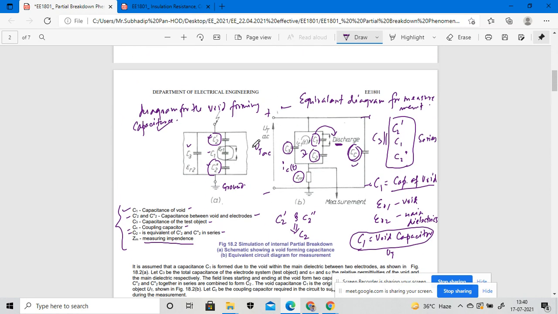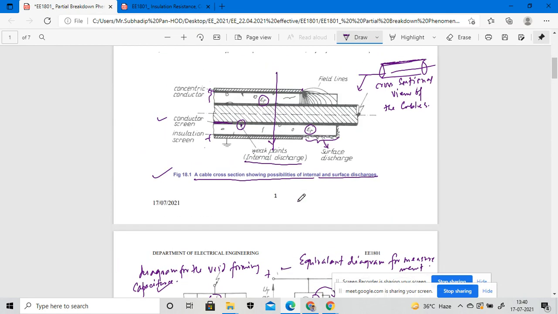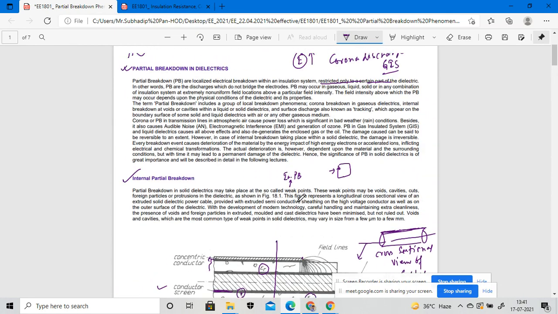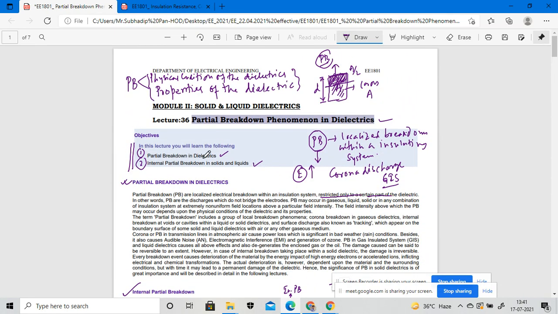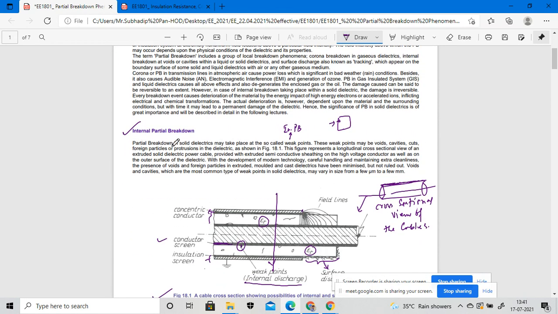So up to this, is there any question? Today we will discuss some elementary parts of partial breakdown. That means, what do you mean by partial breakdown? What will be the definition of partial breakdown? We will also discuss the internal partial breakdown process, how in a cable, the cross sectional view, the various partial breakdown processes will be taken into consideration.